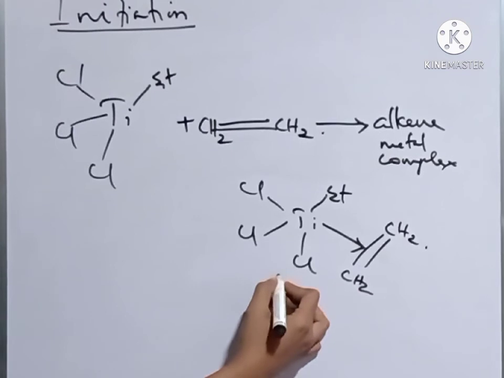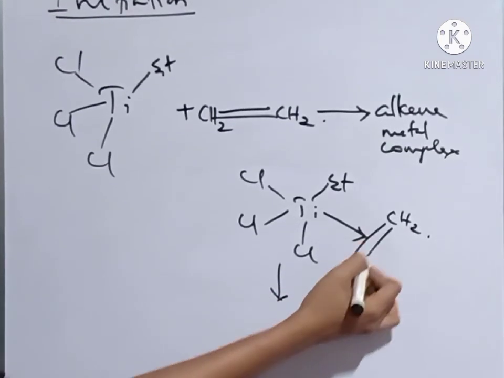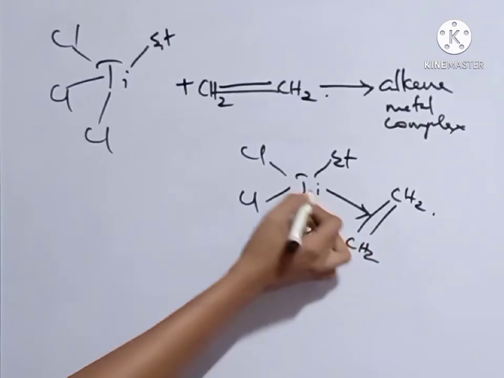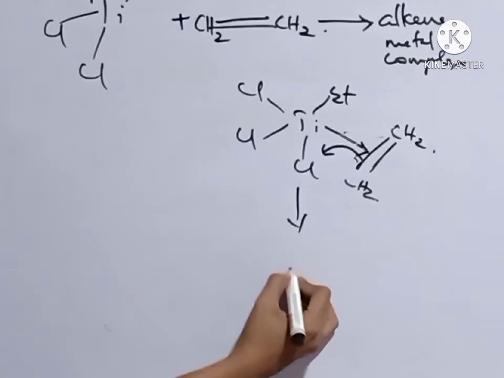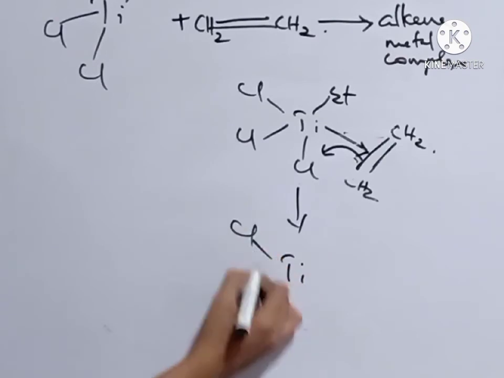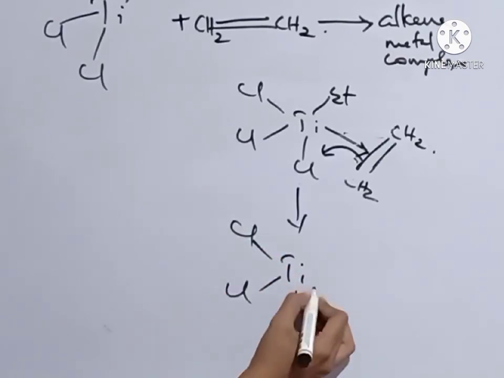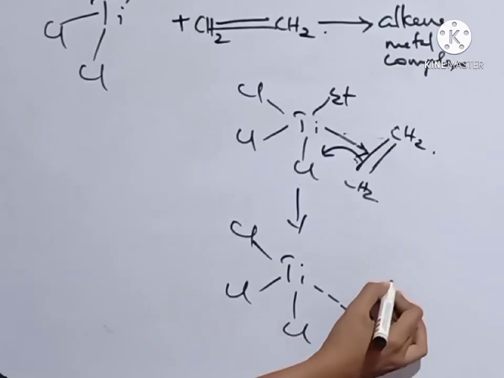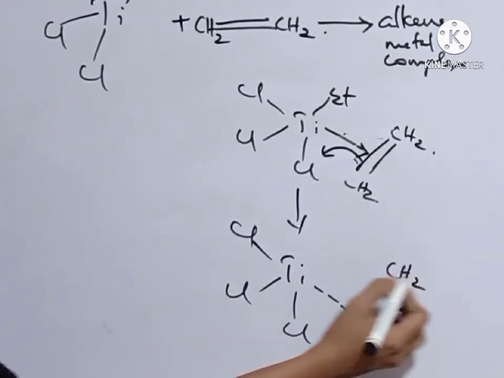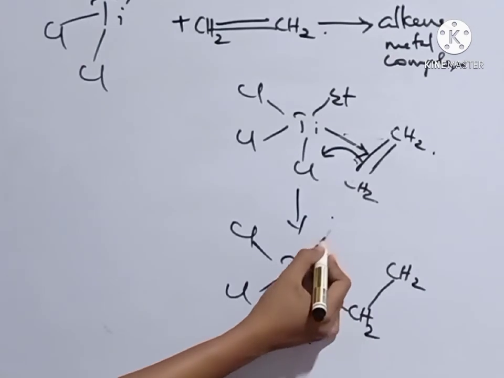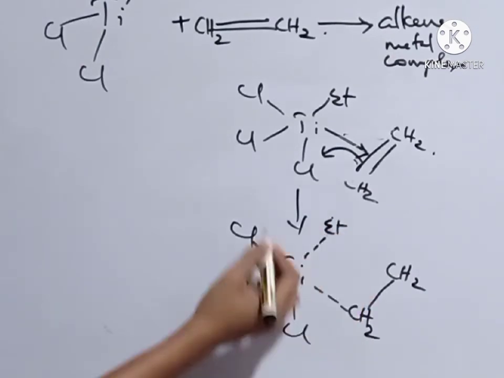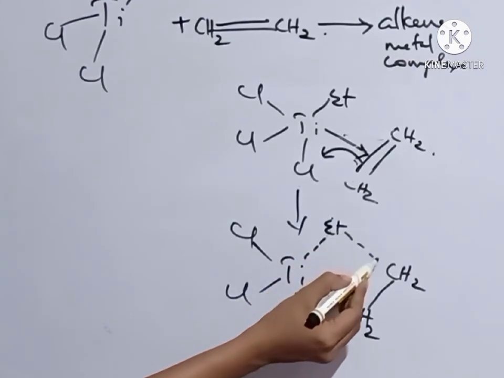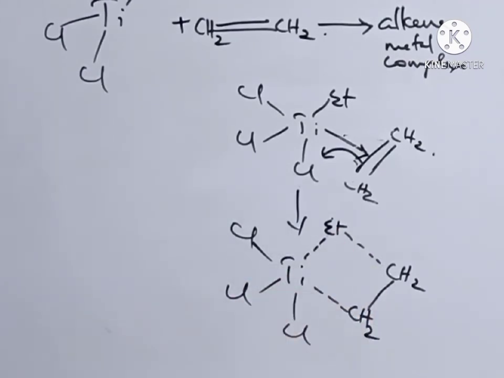Then the pair of electrons from the carbon-carbon double bond will shift towards the carbon-titanium bond. And the species will be formed like this: Cl, Cl, Cl. The partial bond between CH2, CH2. The bond between titanium and ethyl becomes weak, and a new partial bond will be formed between the ethyl group and the CH2 group.